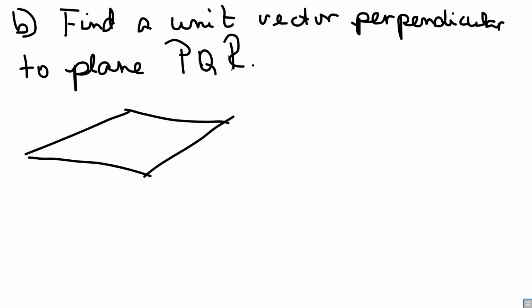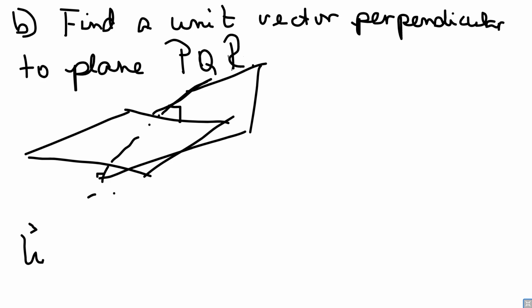Okay, so we're going to find a vector that when it cuts through the plane, and that's a bad drawing on my part, it's going to create right angles.